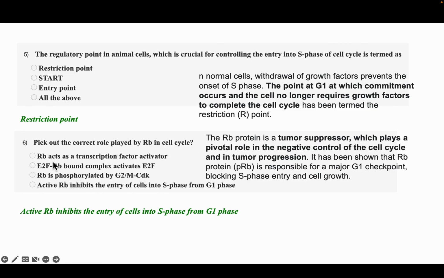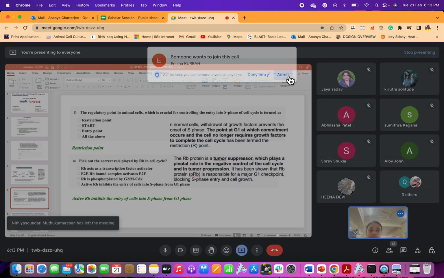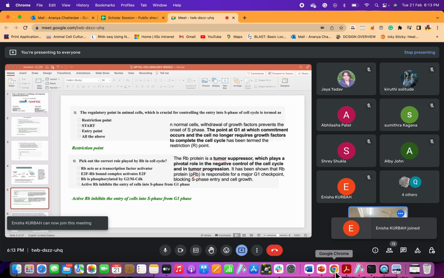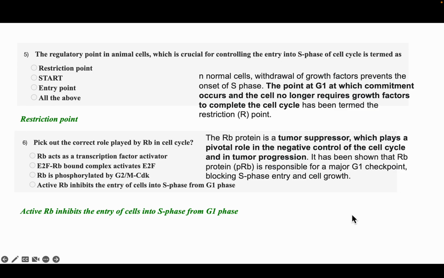So, retinoblastoma protein is a tumor suppressor, which plays an important role in the negative control of the cell cycle and tumor progression. So it has been shown as a major G1 checkpoint, and it also blocks S phase entry and cell growth, hence cell division. So what are the options?